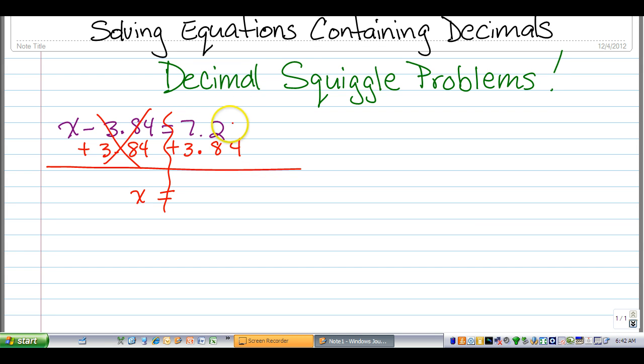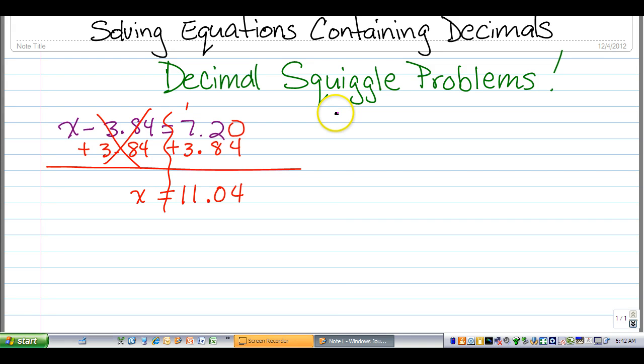I can put a 0 here to hold my place value, and this ends up being 4. 8 plus 2 is 10. Put down the 0, carry my 1. 7 plus 3 is 10, plus 1 is 11. So x equals 11.04.